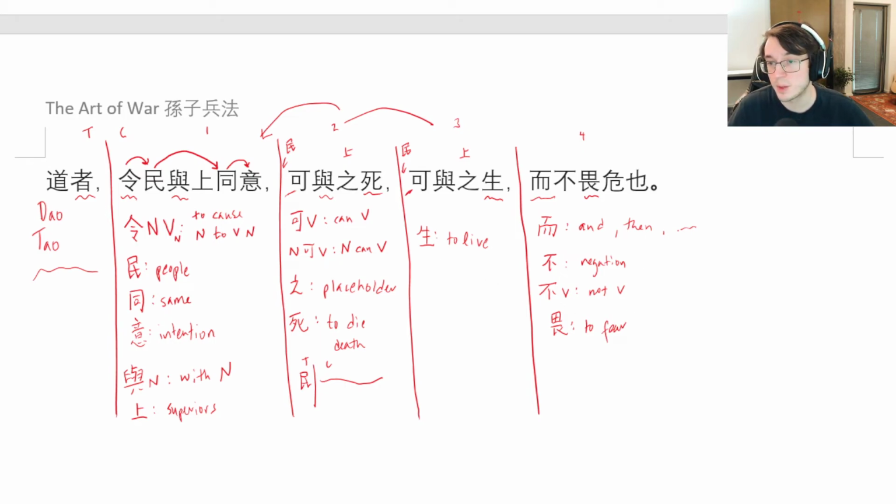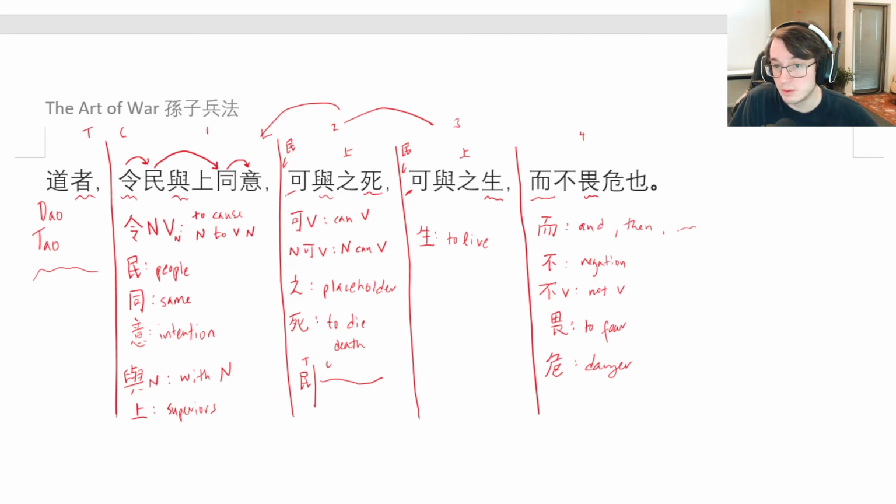So you're probably seeing the picture come together here. We saw they'll die, they'll live with him. So what are they doing? They're not fearing 危, danger. So what we see is, if we bring all of this together, the 畏 causes the people to unite their intention with their leader.